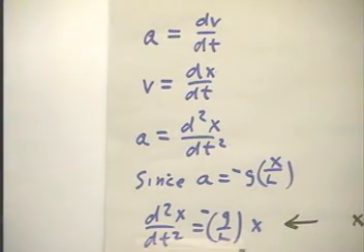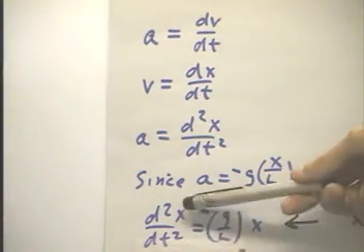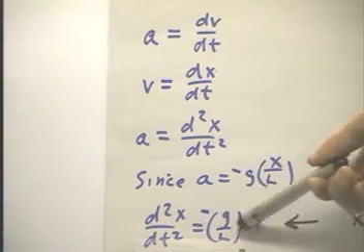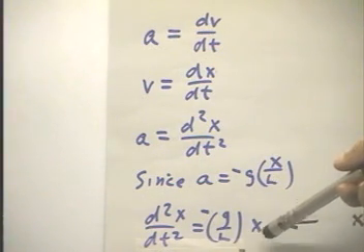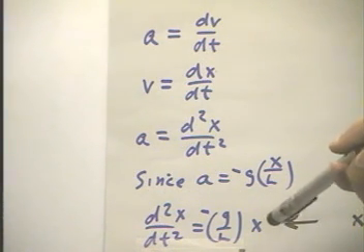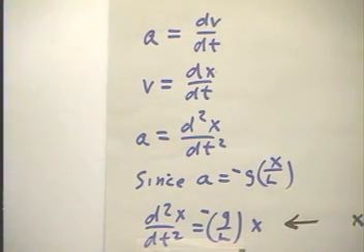There are also sine and cosine functions. The second derivative of the sine function, remember the derivative of the sine is the cosine, and the derivative of the cosine is negative the sine. So the second derivative of the sine function is negative sine function. So maybe x could be some kind of a sine function. If you took the second derivative of the sine of the quantity kx using the chain rule, and you maybe ought to pause and do that before you go on if you're doing the calculus-based course.